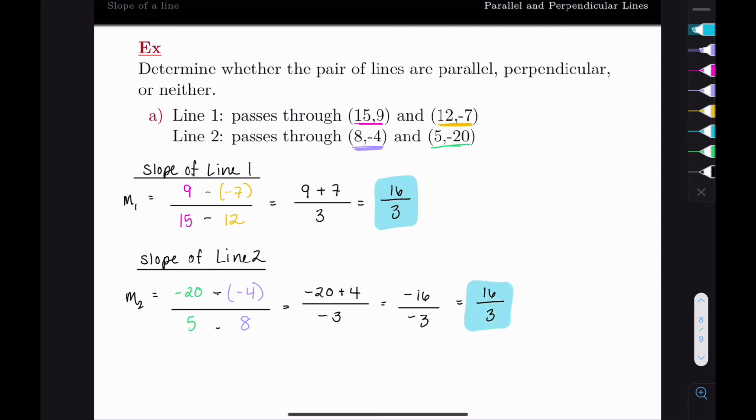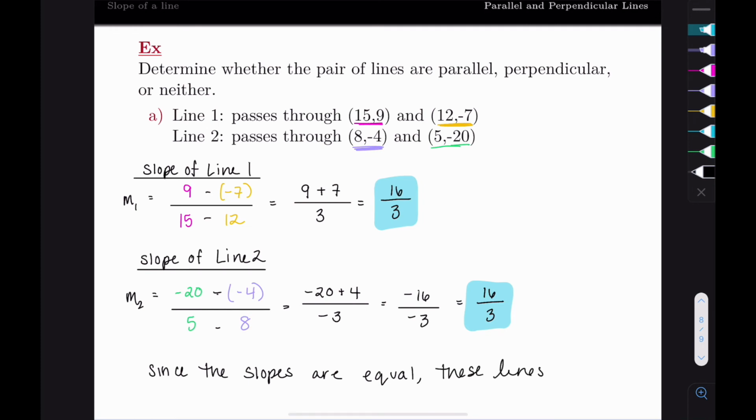Slope of line 2 is also 16 over 3. So since the slopes are equal, these lines are parallel. So there is that connection between the two.